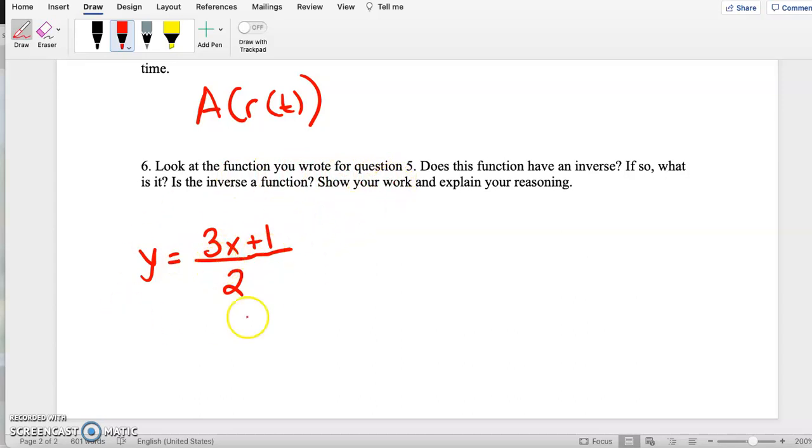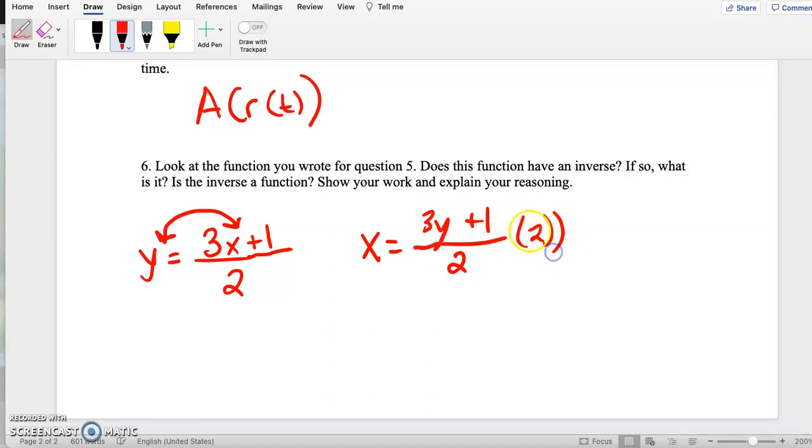But again, if I take this right here and let's say I'm going to find the inverse, that means I'm just going to replace the x with the y and the y with the x. And now I'm going to resolve for the y. I'm going to get the y by itself, isolate it. So I'm going to multiply by 2 on both sides to cancel that out.